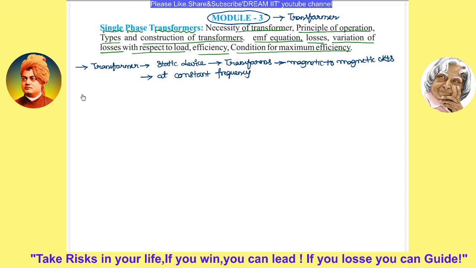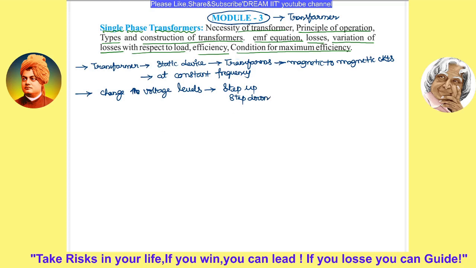The transformer does another action also, which can change the voltage levels. The transformer can change the voltage levels, so it can step up and step down. That is another advantage of the transformer. Step up and step down functions can be done by using the transformer.